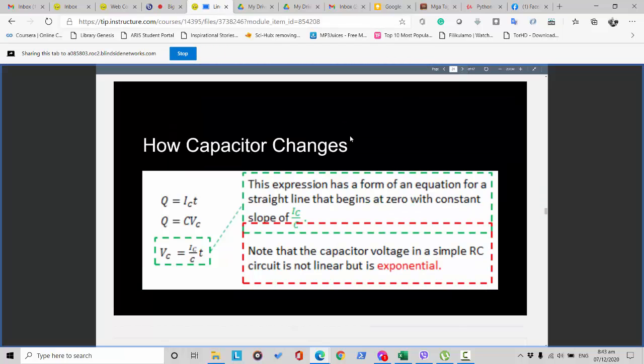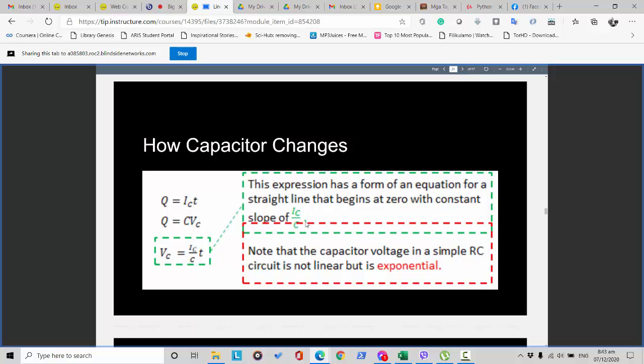Now the question is, how does the capacitor change? You can see here some of the formulas, where Q is equal to the current in the capacitor.